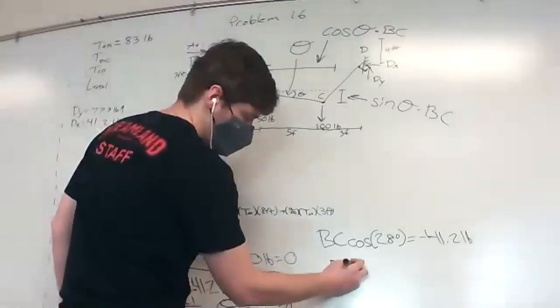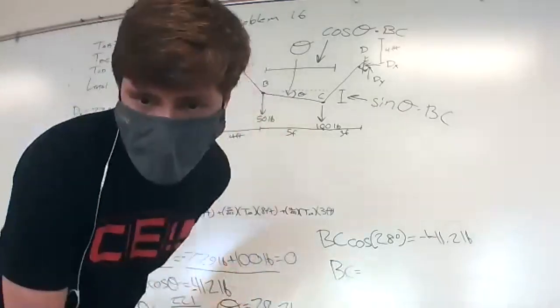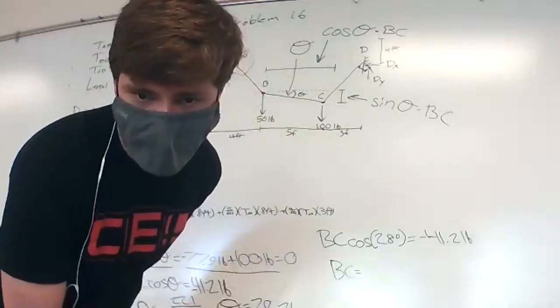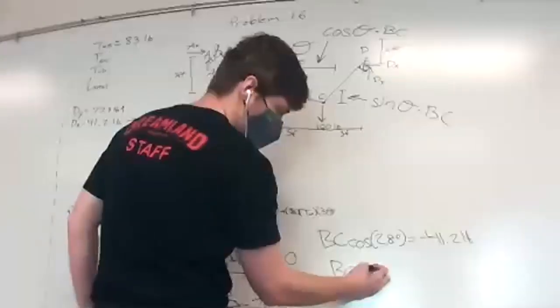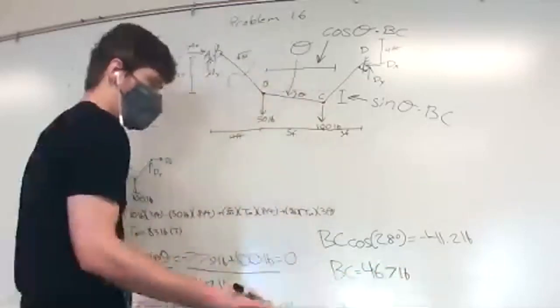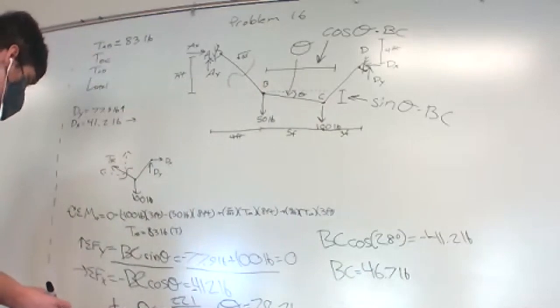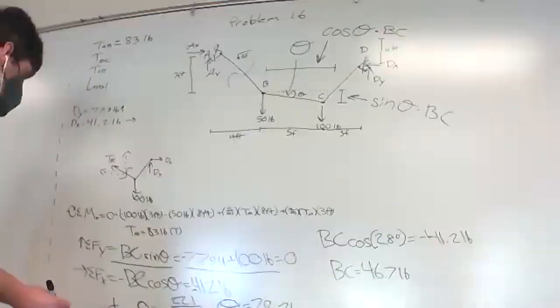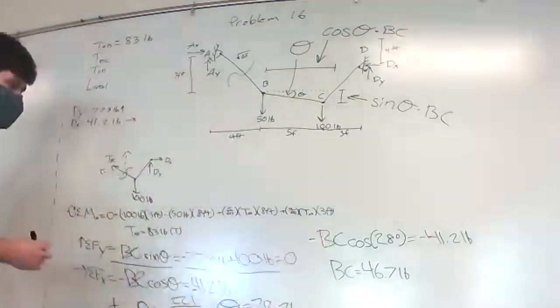So BC should come out to be 46.7 pounds. Oh, this was minus BC. That's why it works out this way. I was like, we shouldn't be getting a negative answer.